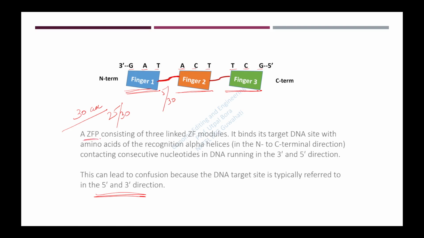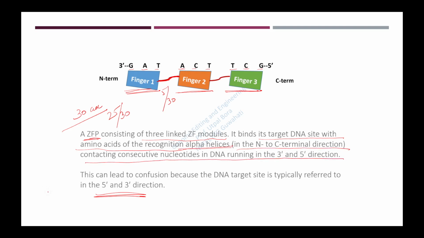So, a zinc finger protein consisting of 3 linked zinc finger modules binds to its target DNA site with the recognition of alpha helices in the N to C terminal direction, contacting consecutive nucleotides on the DNA strand running 3 prime to 5 prime.